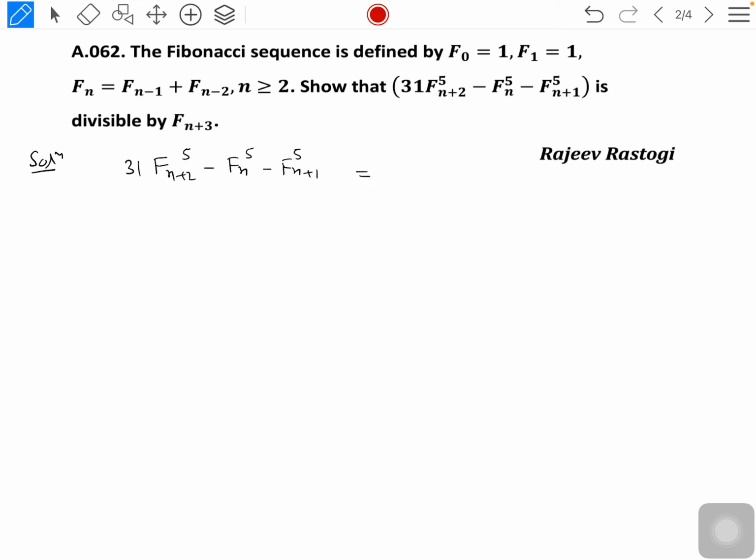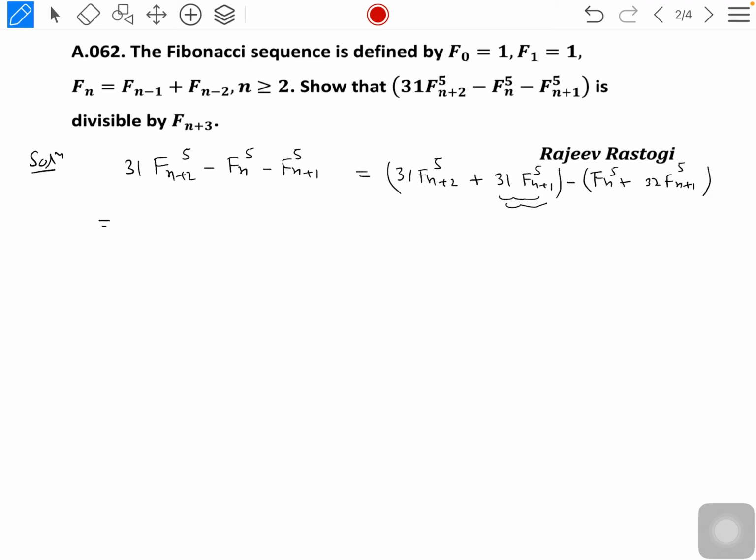We can write this expression as 31 times f(n+2)^5 plus 31 times f(n+1)^5 minus f(n)^5 plus 32 times f(n+1)^5. Actually, we add and subtract this term 31 f(n+1)^5.